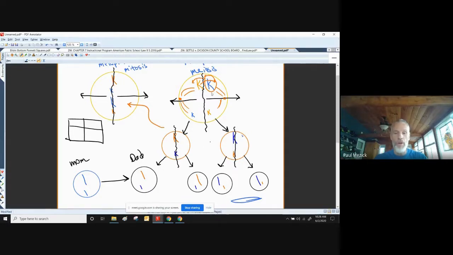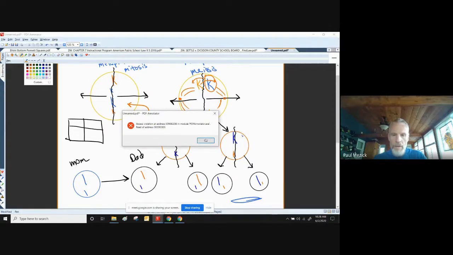This egg also has the possibility of producing a long orange and a small blue. So let's just say for simplicity here, I'm going to move ahead, all right? Let's just say that on this chromosome, at this location, I hate when that happens. Oh, it does that all the time to me. It's because I write too small.